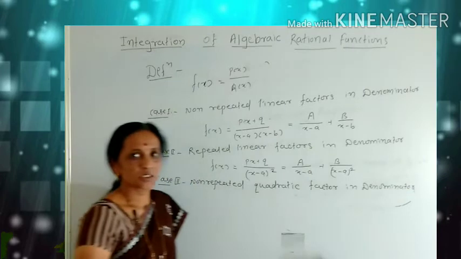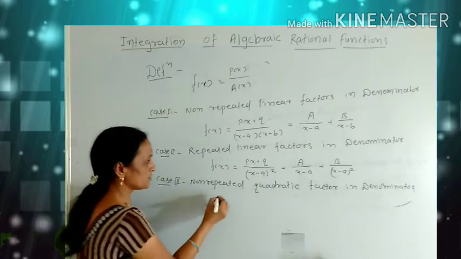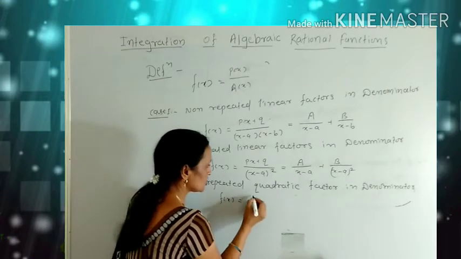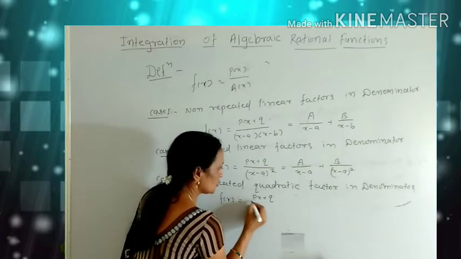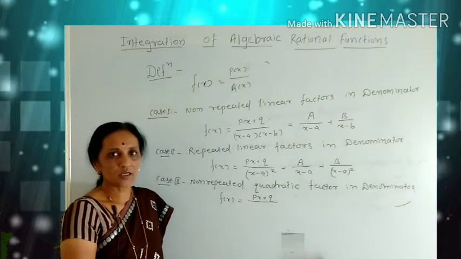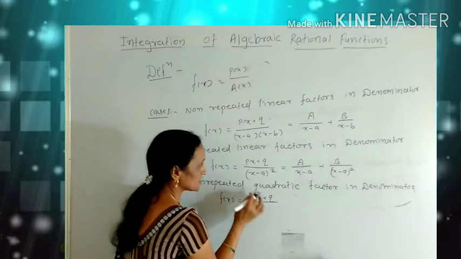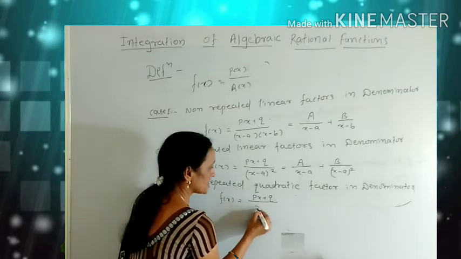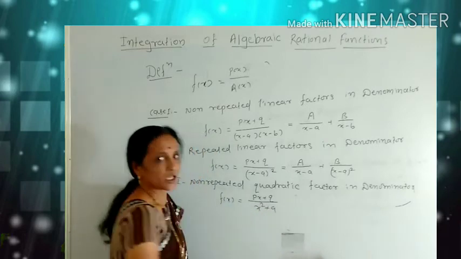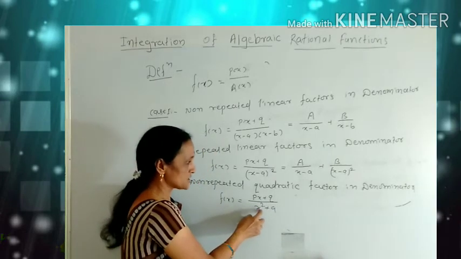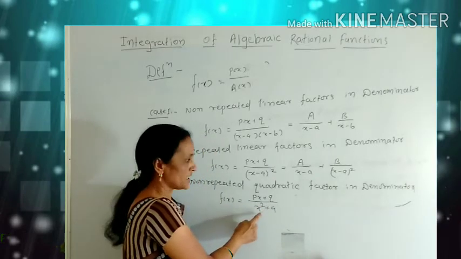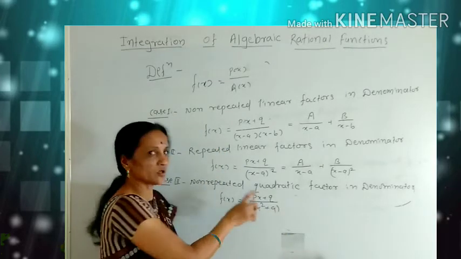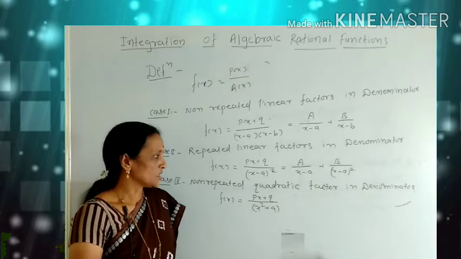In this case the function is of the type f(x) = (px + q) divided by a quadratic factor, meaning the degree of the factor is 2, of the type x^2 + a. So, this is quadratic and the factor occurs a single time. So, this is a non-repeated quadratic factor in the denominator.